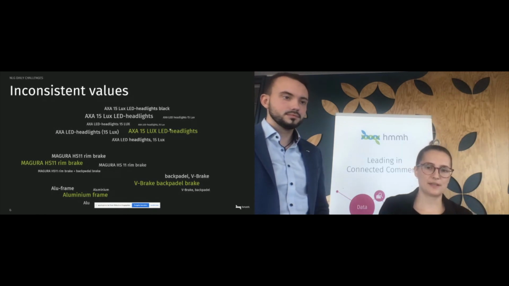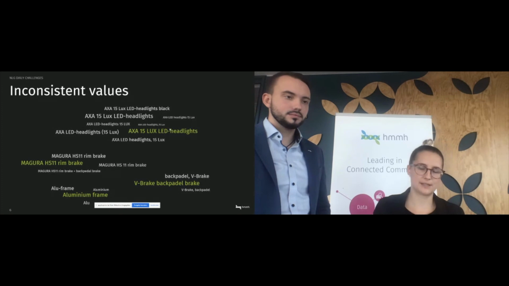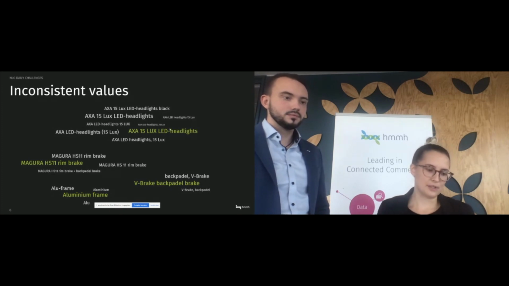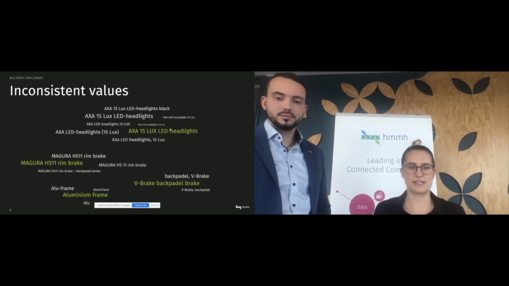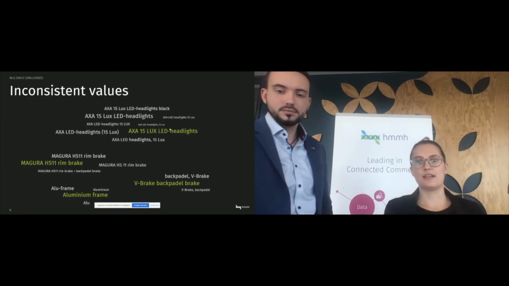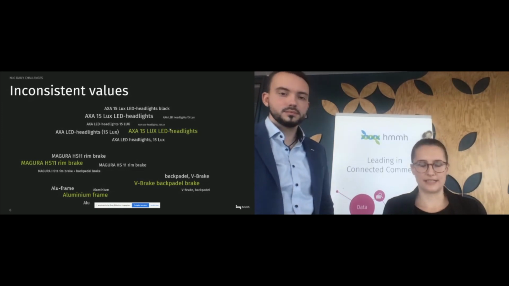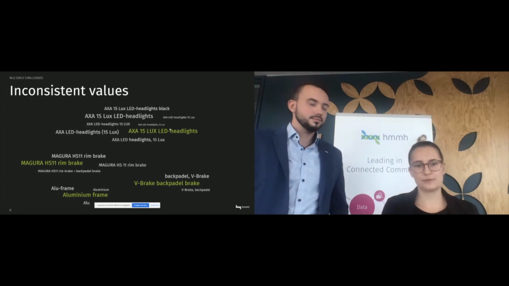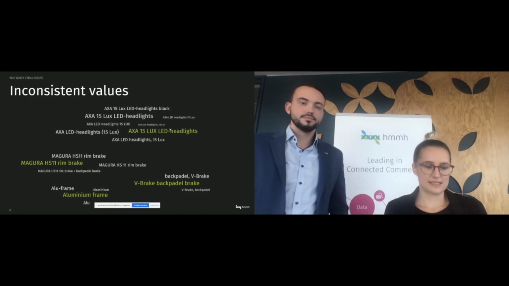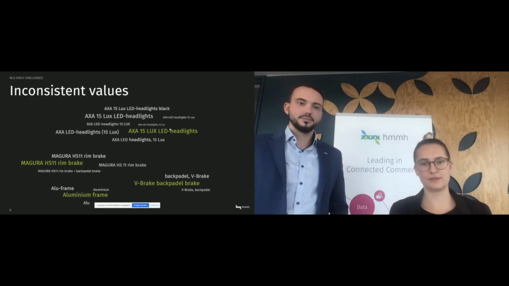And this is one thing we really face every day when it comes to text generation, that during the data construction process we have a lot of values for one thing. So the first step we have to do, and what we do, is that we normalize and standardize the data so that we really have just one value which appears in the text or in the system where we constructed it.